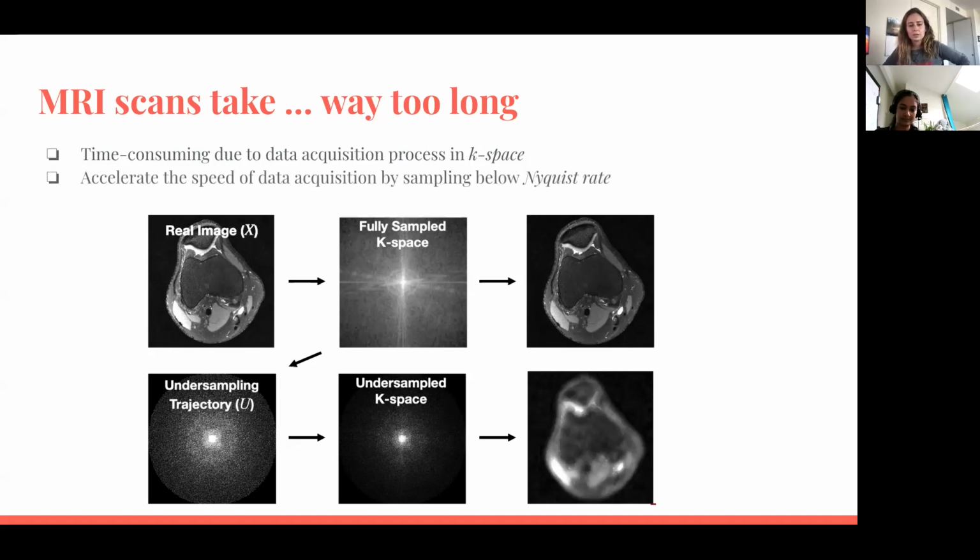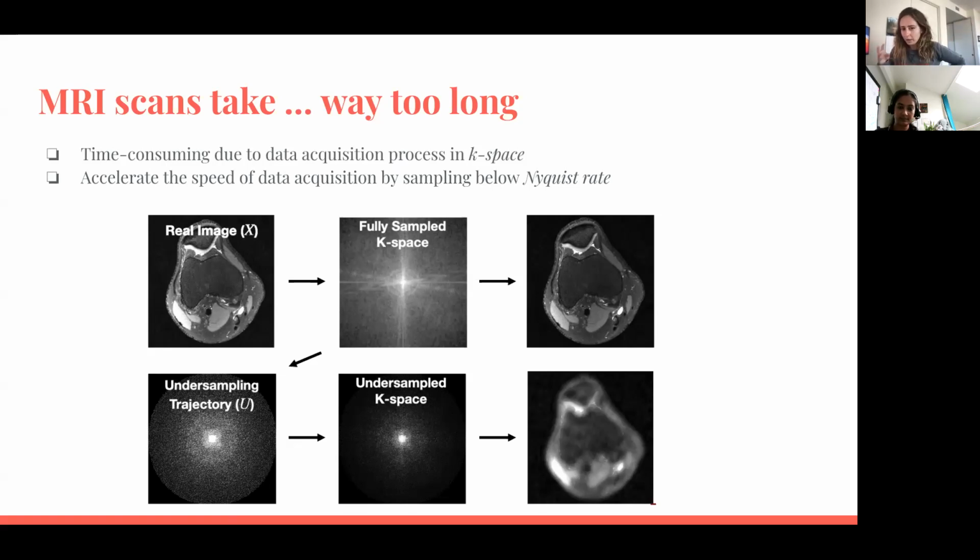So data acquisition is done in k-space, which you can think of as a frequency domain representation. And then there has been decades of research on how to accelerate that using parallel imaging, compressed sensing, etc. So here you can see a representation of real image X and fully sampled k-space, obtaining all the samples in k-space, which gives result to this beautiful looking image.